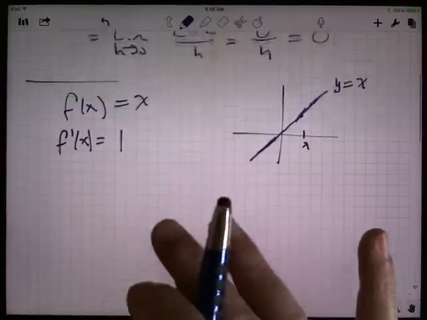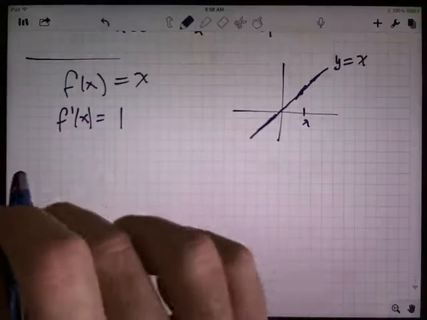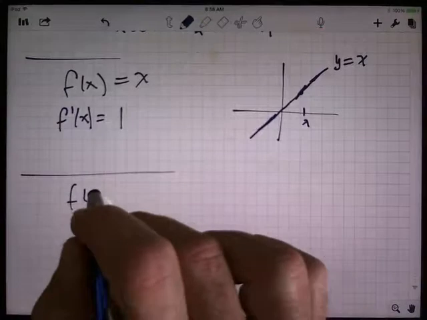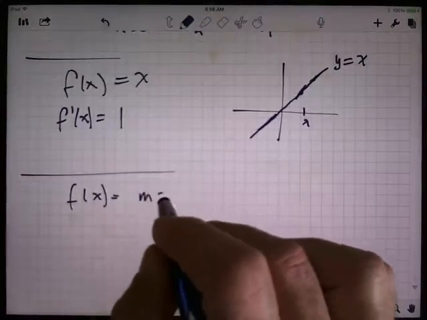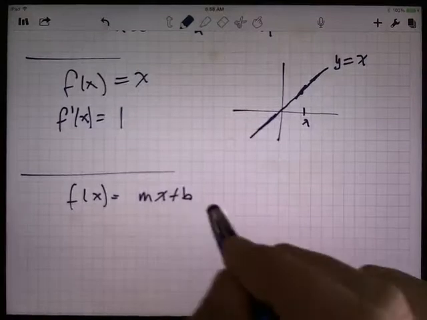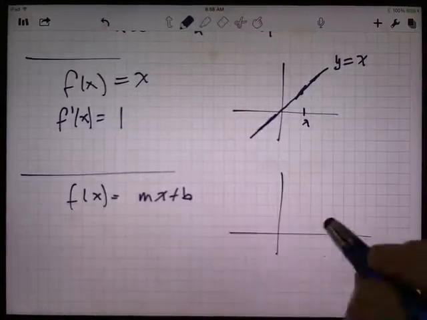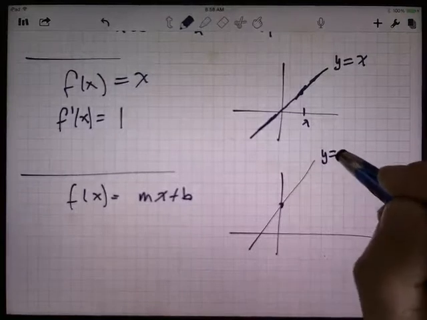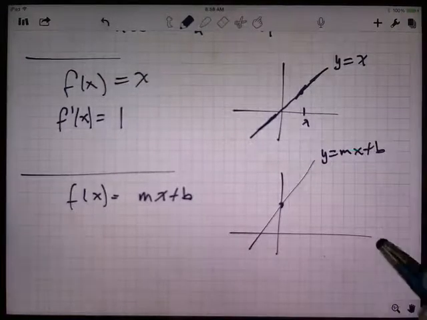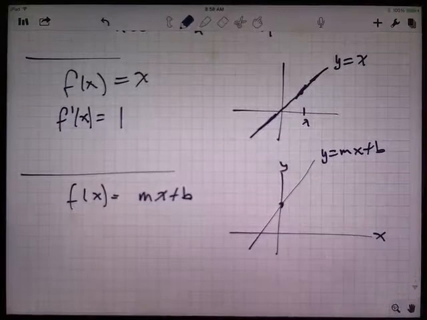And maybe you can even see the next example. If I have f of x equals mx plus b, just your standard line with intercept b, slope m. That's the x-axis, that's the y-axis.